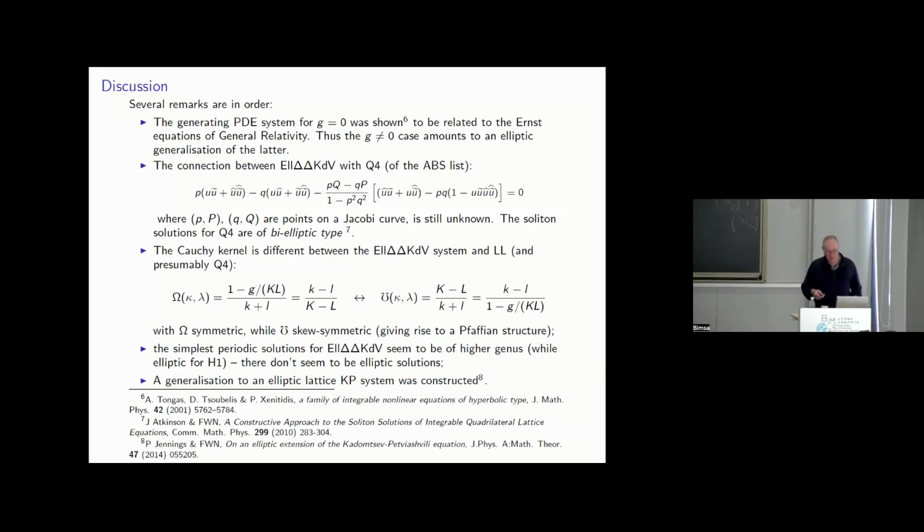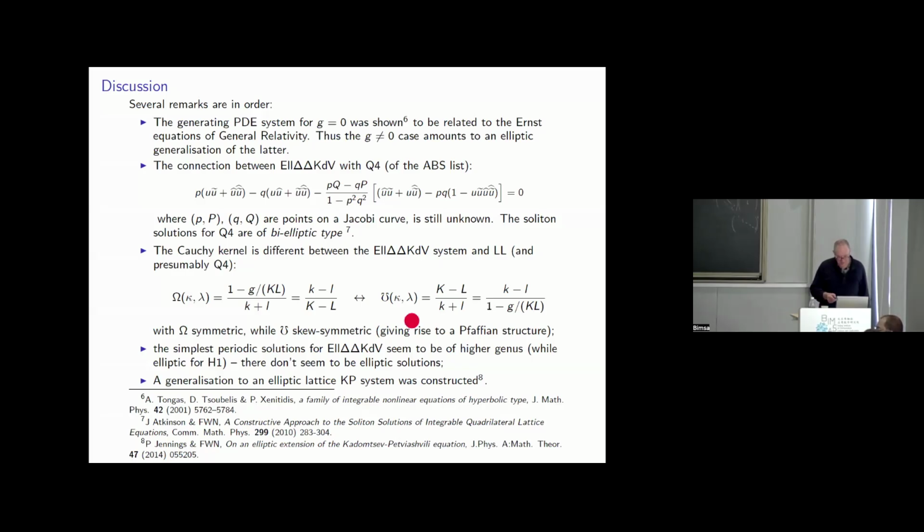Now, so far we don't really know what the underlying inverse scattering structure is of this Q4. There are very few results known about Q4 so far. The suspicion is that Q4 is akin to Landau-Lifshitz in some sense, as a kind of zero spin limit of Landau-Lifshitz.